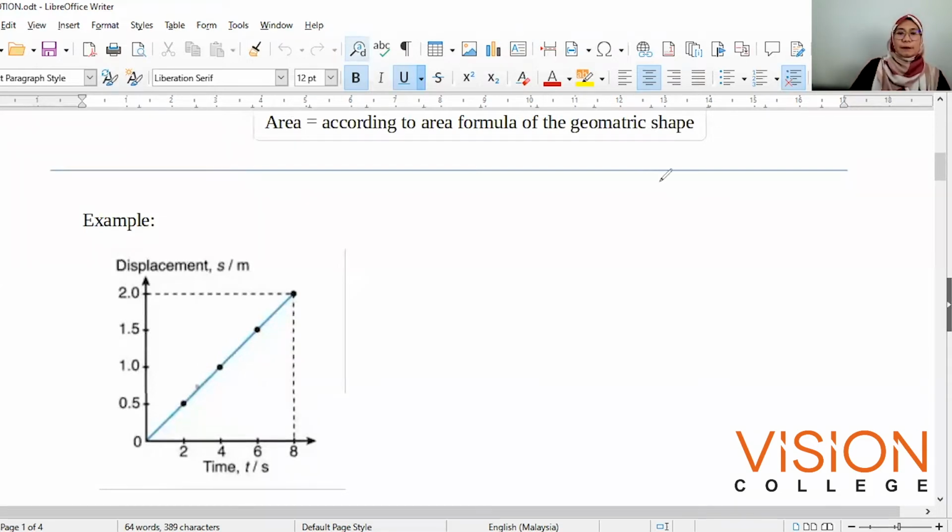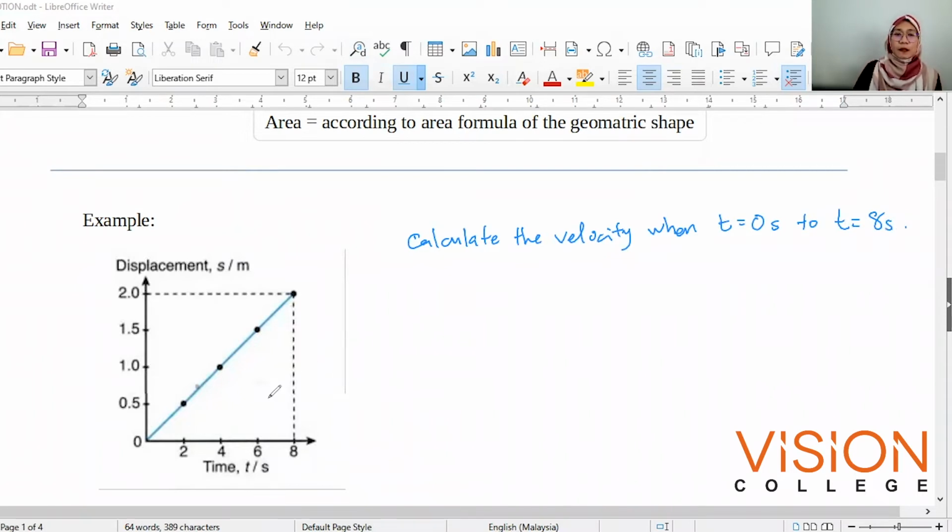So for example, if the question asks us to calculate the velocity when time is 0 seconds to time equals 8 seconds.